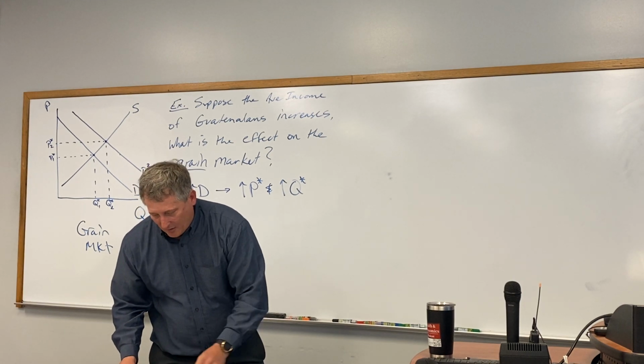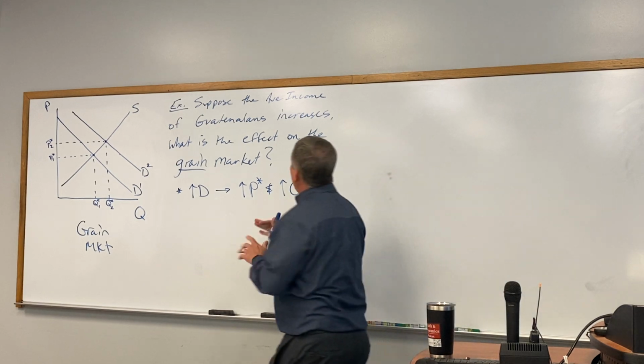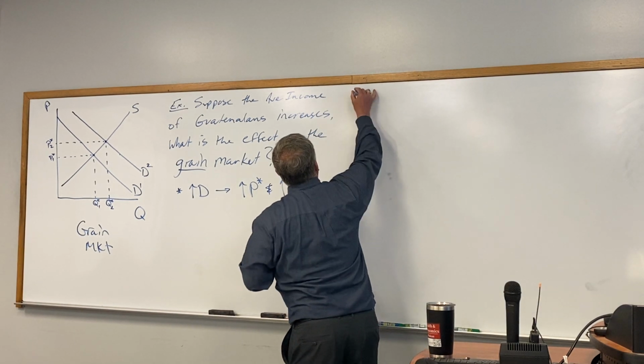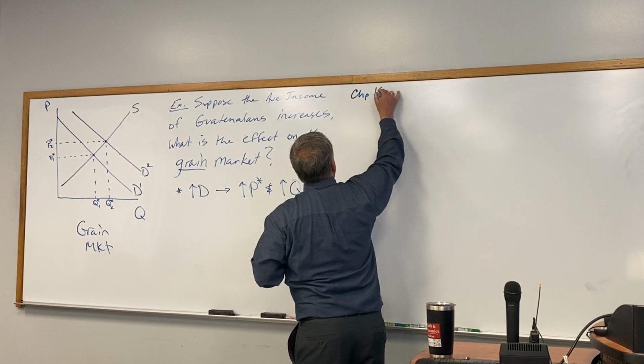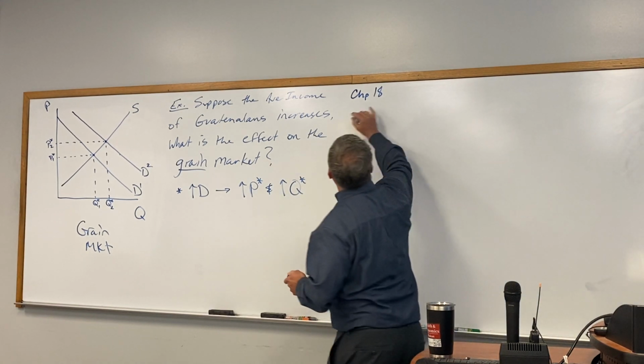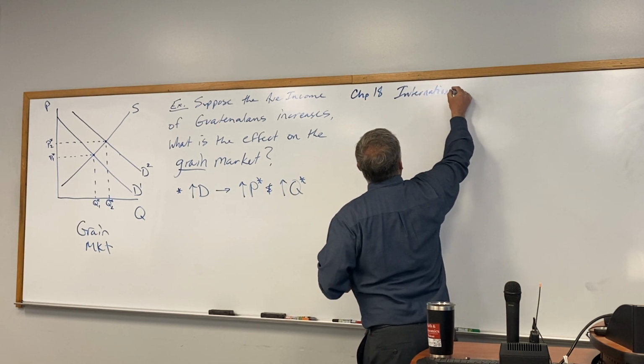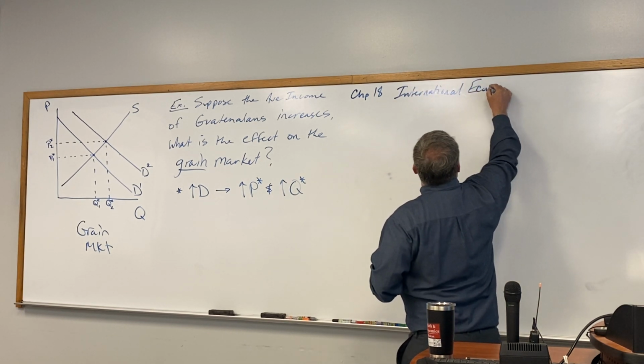All right, so we're going to start off our international section, which is chapter 18. So don't be freaked out that we're jumping chapters on you right away. We do go to the middle. So this is international econ.